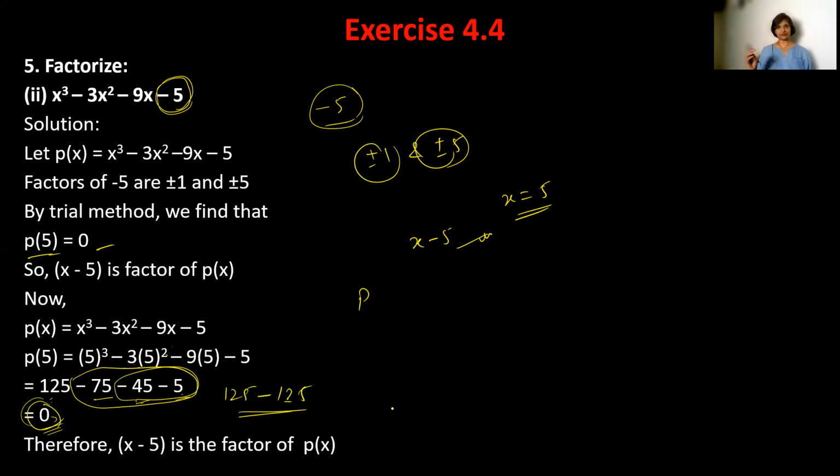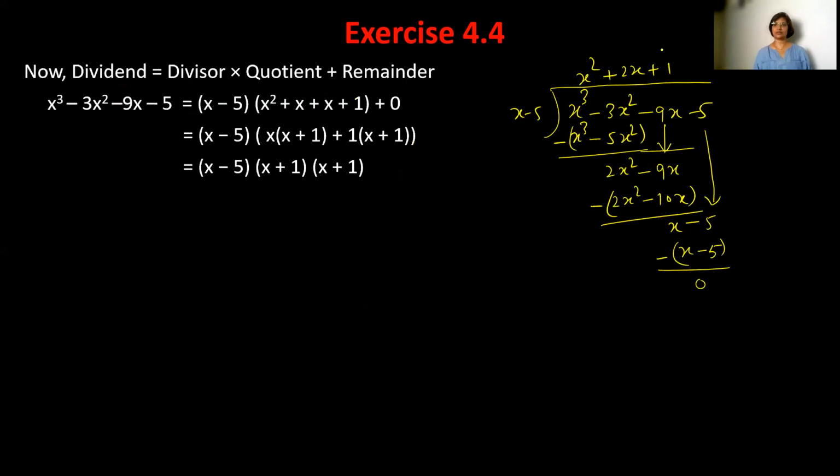Then again, you got one factor. Then you have to divide this cubic expression by x minus 5. So we will do it here. When we divide by x minus 5, we get the quotient equal to this. And we get a remainder; this is the remainder, this is the quotient, and this is the dividend.